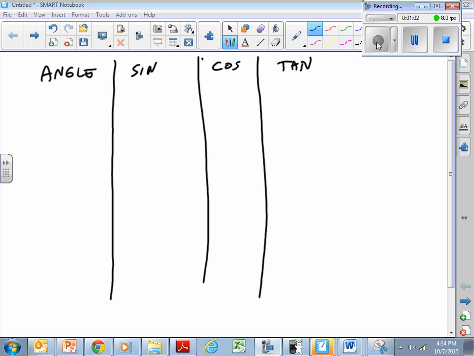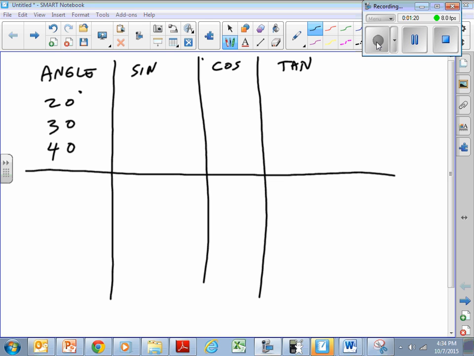All right, here we go. Let's see if I can put up some angles in black. Let's do 20 degrees, 20, 30, 40. I'm going to put a line so that I can make a distinction. Then I'm going to put 50, 60, 70.